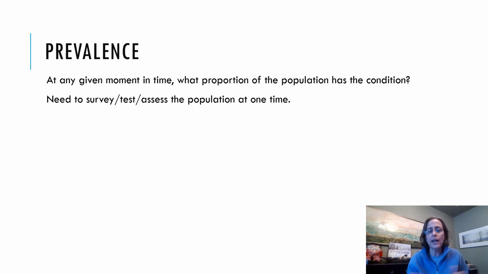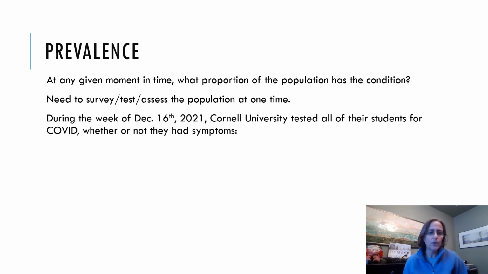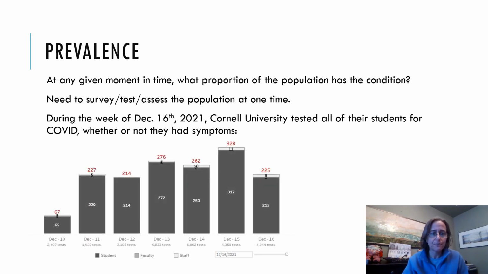So let's take a look at an example of prevalence data from a different college campus from last year. In December 2021, Cornell University tested all of their students, like all of them, all 30,000 students in 1 week to see how many of them had COVID-19. And this is what we found.